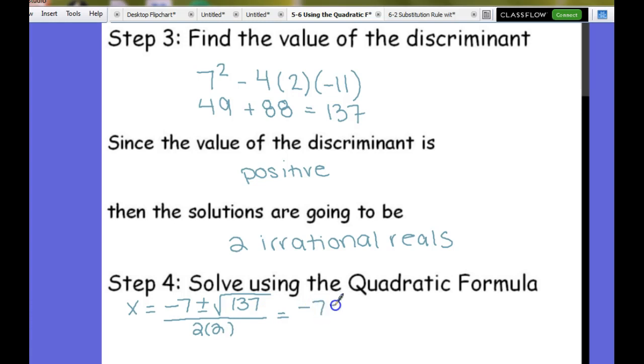So this is the same as negative 7 plus or minus square root of 137, which does not simplify. 2 times 2 becomes 4. That is your answer. You do not need to tell me the decimal.